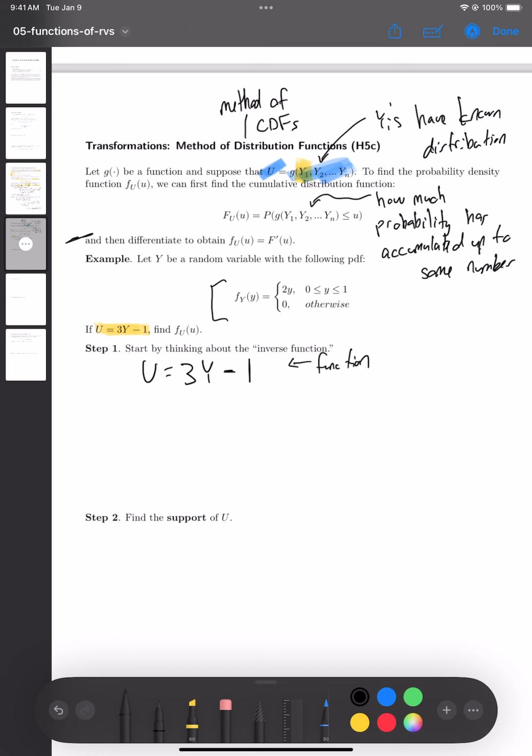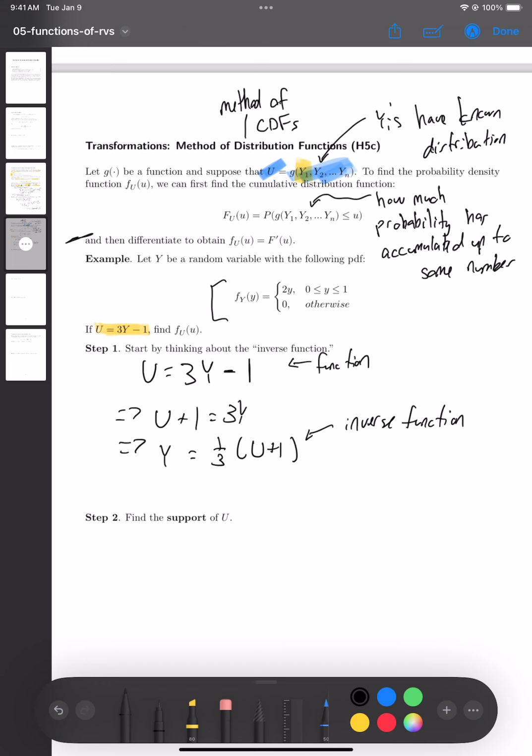Then the inverse function is what happens when we try to solve for y. If we try to solve for y, we end up with u plus 1 equals 3y, and that implies that y is equal to 1/3 times u plus 1. And so this is the inverse function.